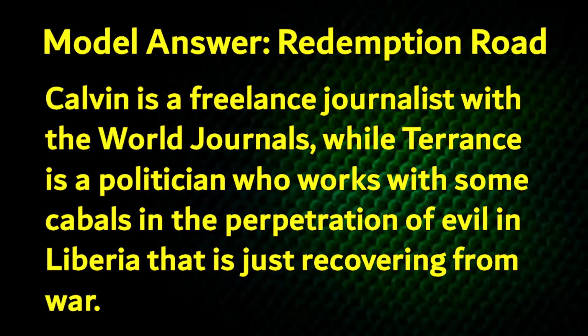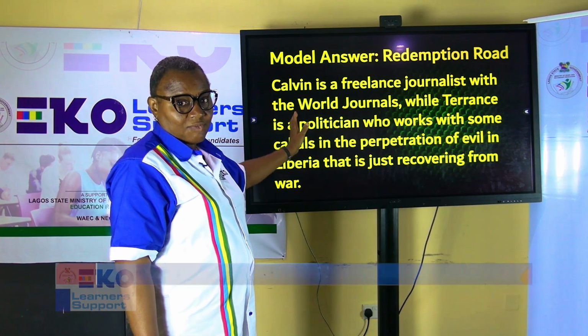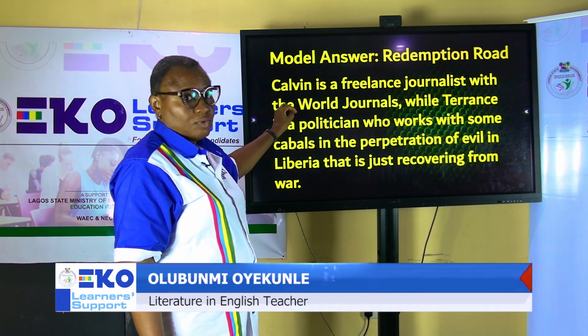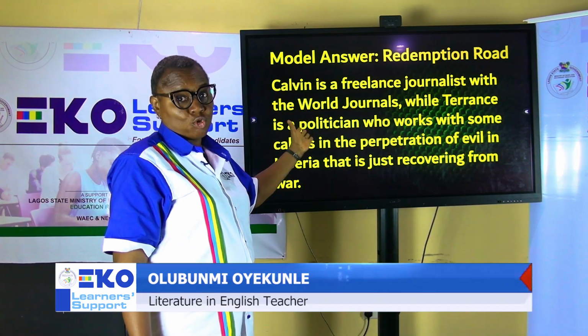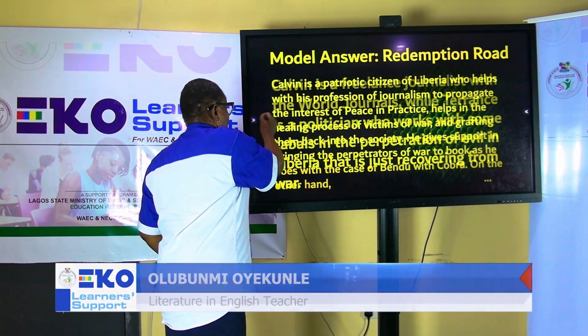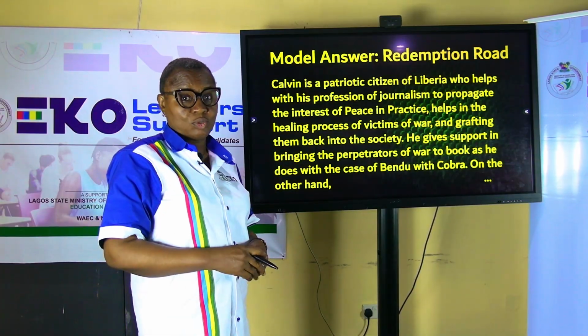Calvin is a freelance journalist with the World Journals, while Terence is a politician who works with some cabals in the perpetration of evil in Liberia that is just recovering from war. So we have another aspect, and we look at the two of them in that aspect. That is their job.